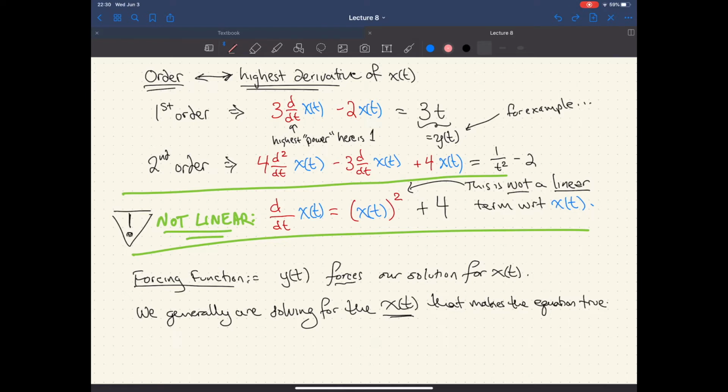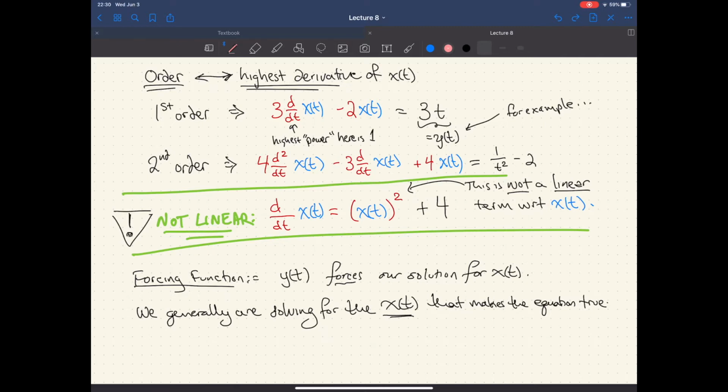The caveat here is that when we find our particular solution down the road, the crazier this gets, the harder it's going to be to write that particular solution, because we're effectively just playing a guessing game to a certain extent when we look for that particular solution.